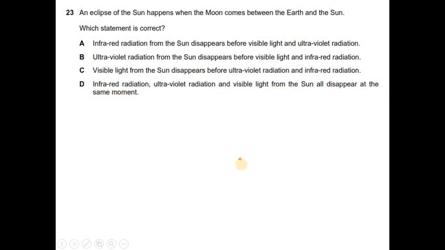This question is all about the diffraction phenomenon. What is diffraction? Diffraction is spreading of a wave or bending of a wave around an obstacle. So if you see, the moon is coming in between the earth and the sun. Suppose this is the sun and this is the moon.